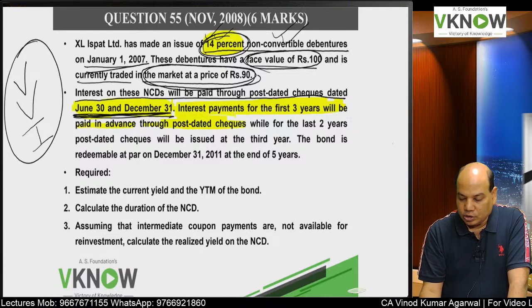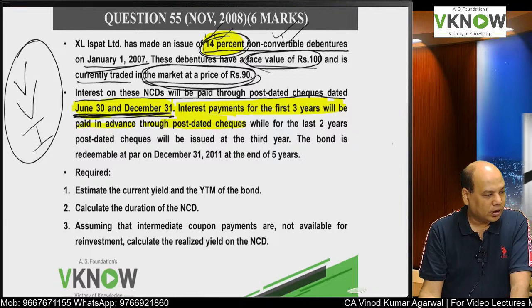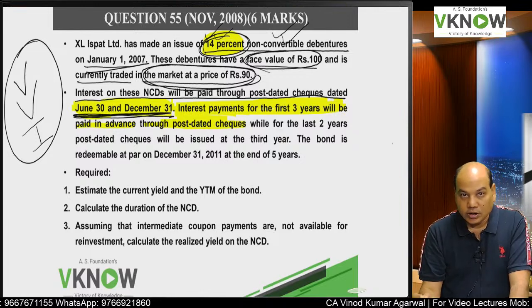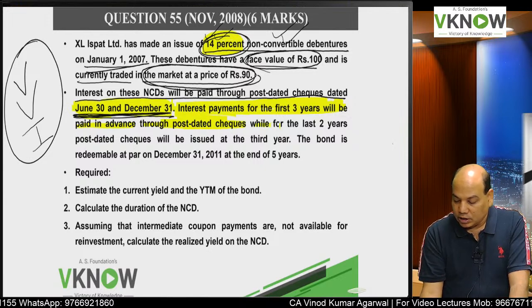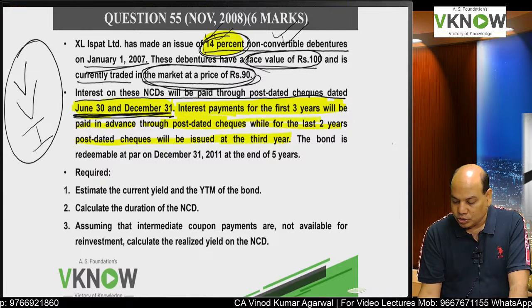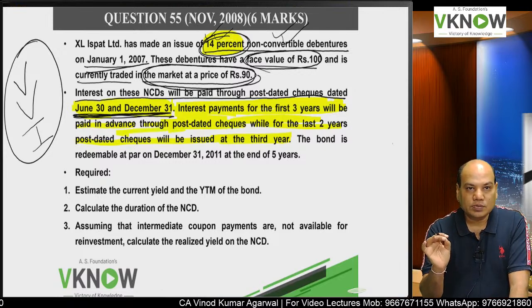So this line will not affect your answer. Very good. Unnecessary given to confuse you. Then while the last 2 years post dated checks will be issued at the third year, again useless line. This whole thing is useless, which means the total term to maturity is 5 years.